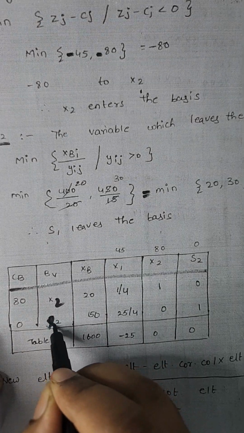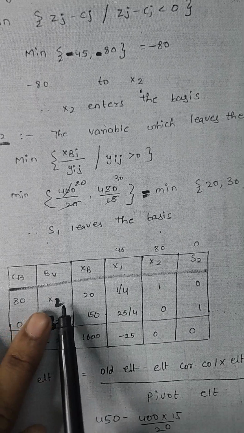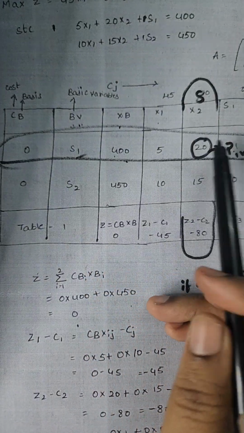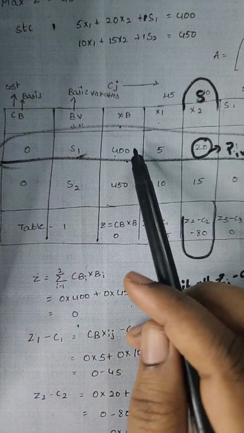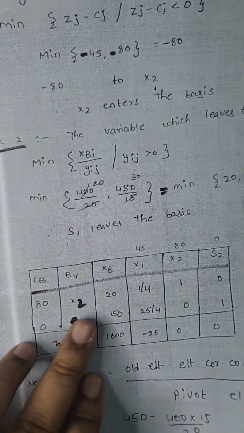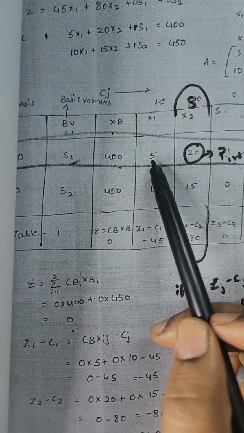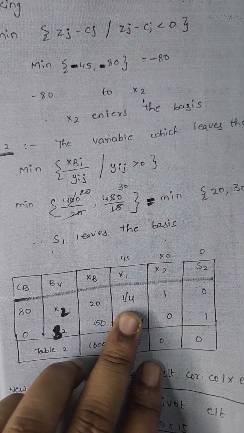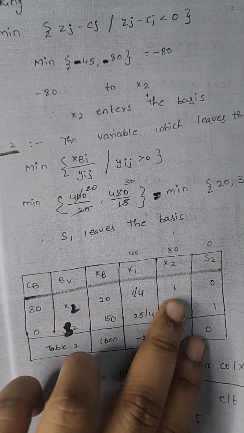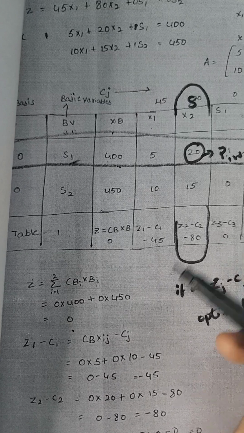This is X2 and this is S2. So S2 cost is 0, X2 cost is 80. Now this is the pivot element row, so divide the pivot element row by the pivot element. That means 400 by 20, which is 20. And 5 by 20 is 1 by 4. And 20 by 20 is 1. And 0 by 20 is 0.